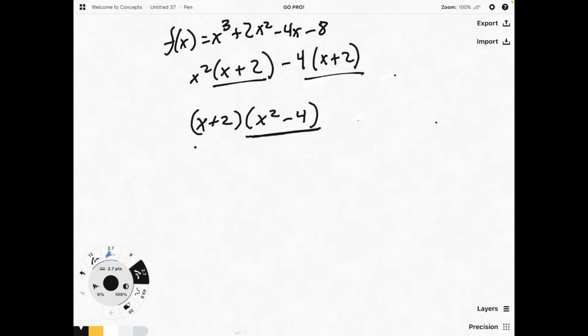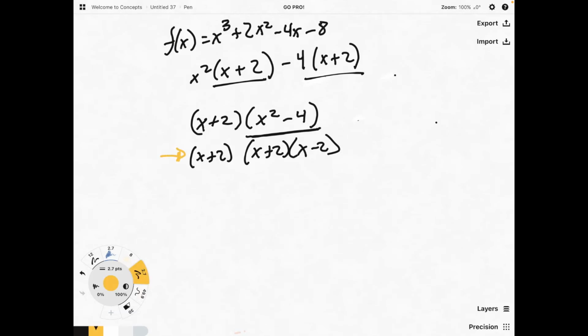So if we take the x plus 2, that stays there, then we have the x plus 2, and we have x minus 2. Again, if we multiply that together, that's going to give us our x squared minus 4. And then if we have our x squared minus 4 and we multiply that by x plus 2, that's going to give us our x cubed plus 2x squared minus 4x minus 8. So that would tell us that these are our factors.